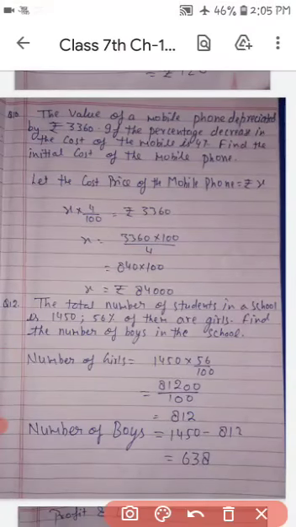Next question. The value of a mobile phone depreciates by rupees 3,360 if the percentage decrease in the cost of the mobile is 4%. Find the initial cost of the mobile phone.